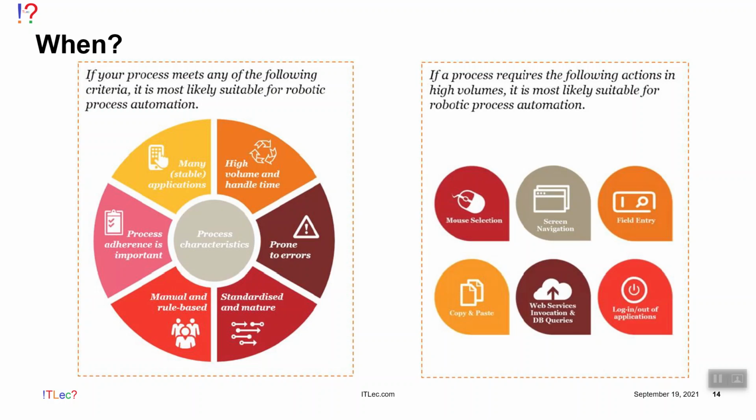The other criteria to go for RPA is the technical criteria. So if in one of the business processes I have a lot of mouse selection, a lot of mouse clicks, a lot of screen navigation, I have to enter a lot of data, copy and paste, web services invocation, for example, DB queries, log in and log out, and jumping between different applications.